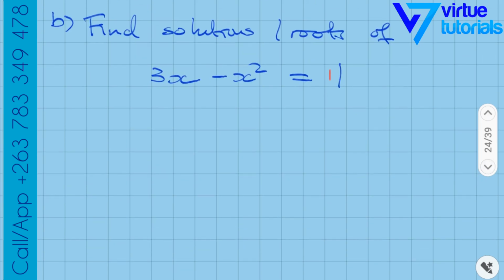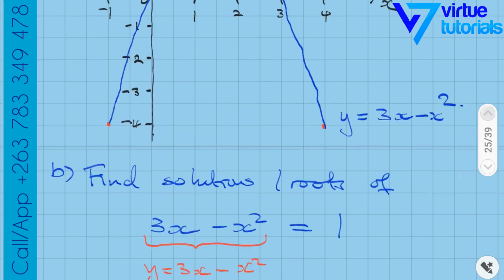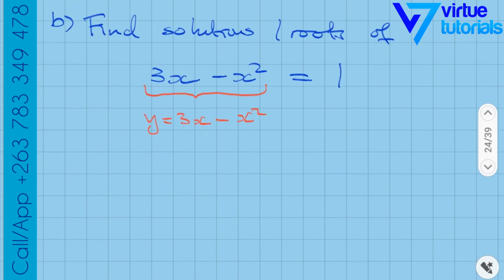So when you come to this equation, you can tell that this side is represented by y is equal to 3x minus x squared, which is the equation of the curve. And again, for this side, I just say y is equal to whatever is there. There's a 1, so y is equal to 1. So now we are looking at the line y is equal to 1.